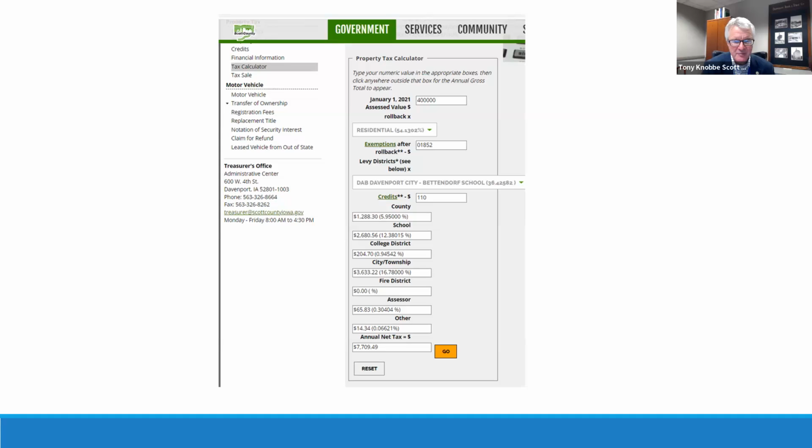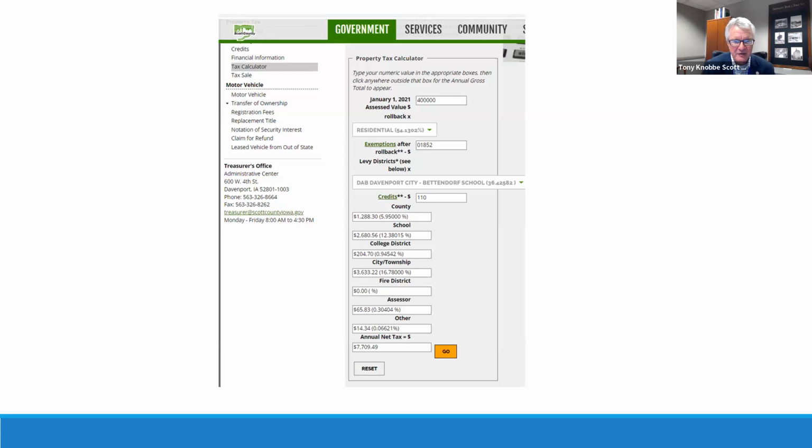You can put in exemptions. In this particular case, I made the assumption that the occupant was a veteran who had served during combat times. Even if they were not directly involved in combat, they served during a war or a declared military period of time.